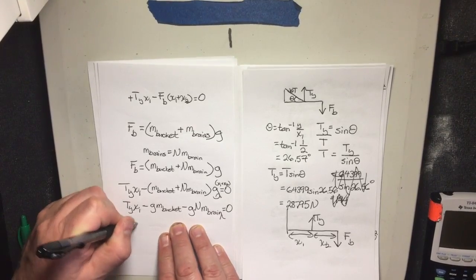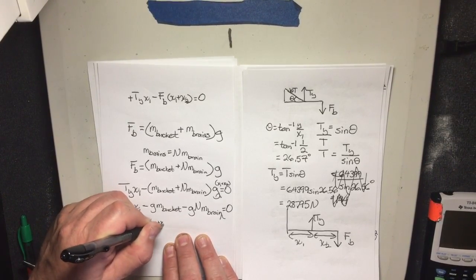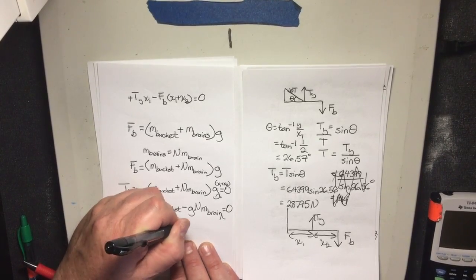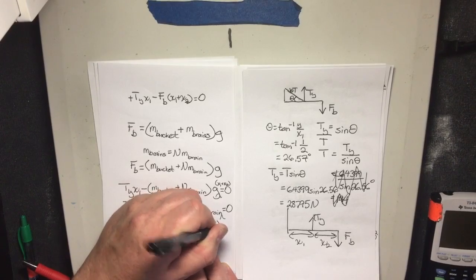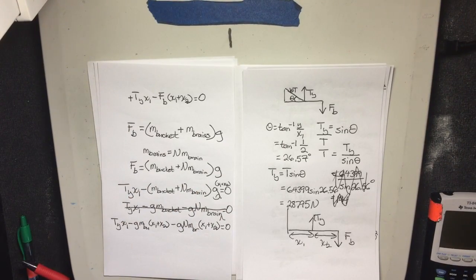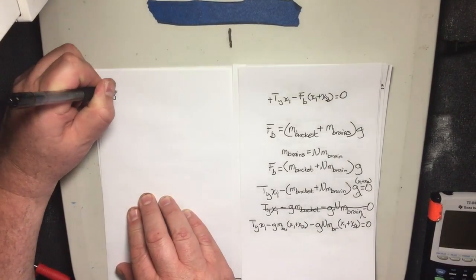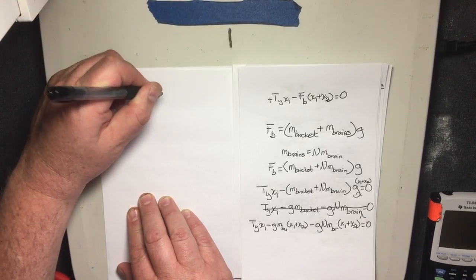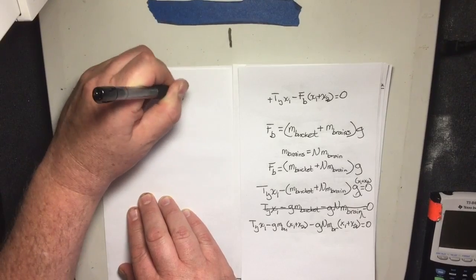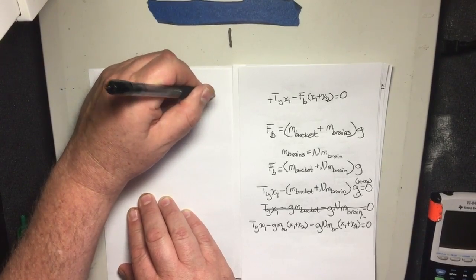Ty x1 minus G mass of the bucket times x1 plus x2, minus G N mass of the brain times x1 plus x2, is equal to 0. Now I get to solve for N. So Ty x1 minus G M bucket times x1 plus x2 equals G N mass of one brain times x1 plus x2.